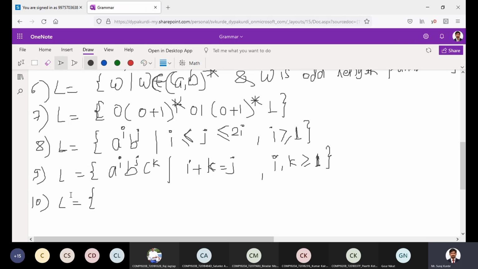L is equal to a repeated i times, b repeated j times, c repeated k times, but i is equal to j plus k, again j, k greater than or equal to 1.